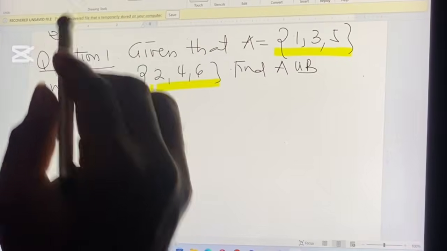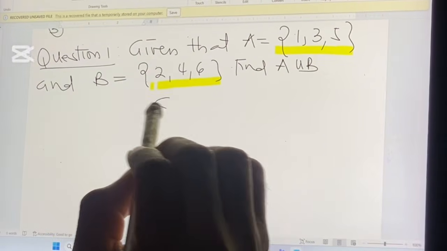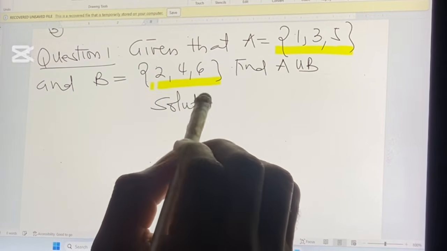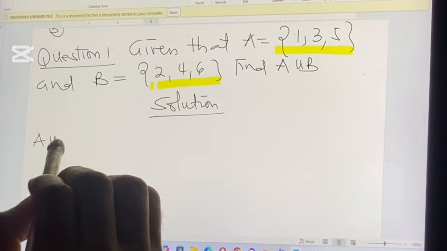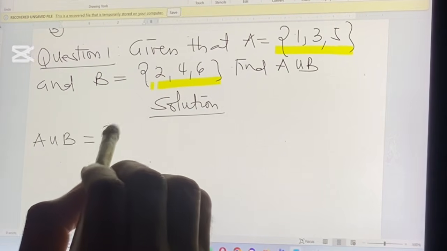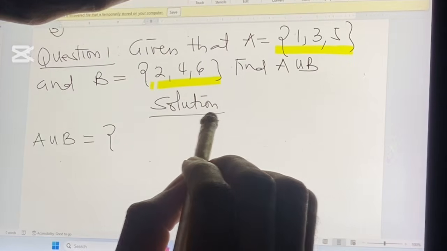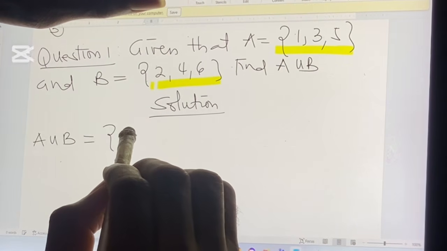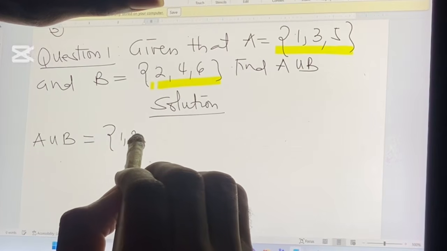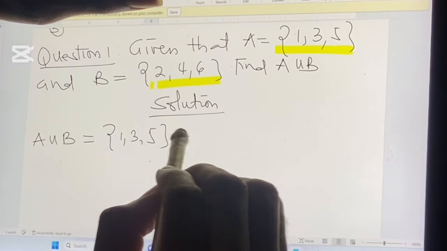Okay, so let's solve this question here, class. Solution. We are asked to find A union B. Let's list out the elements of A. The elements of A here are 1, 3, 5.